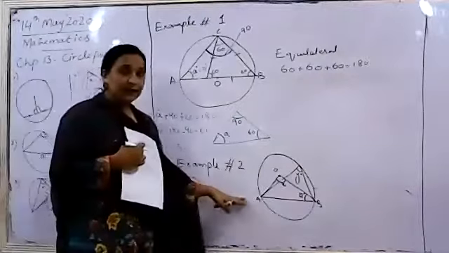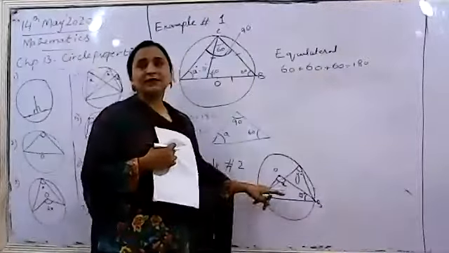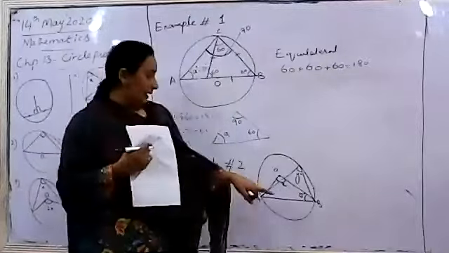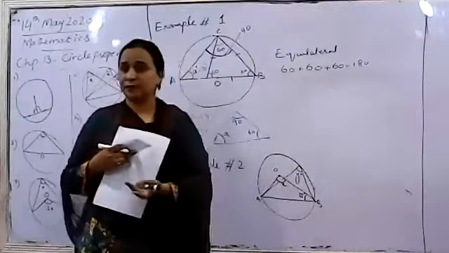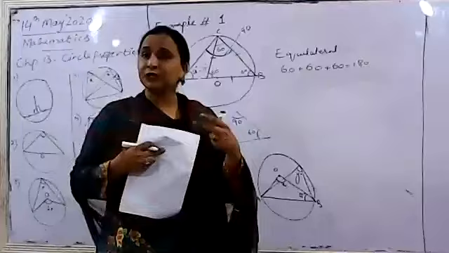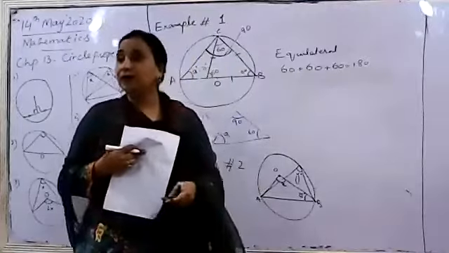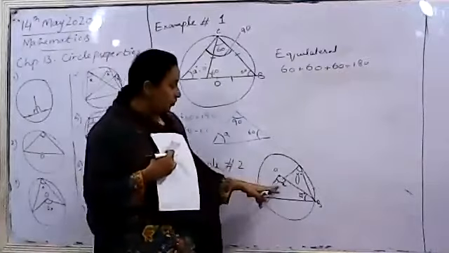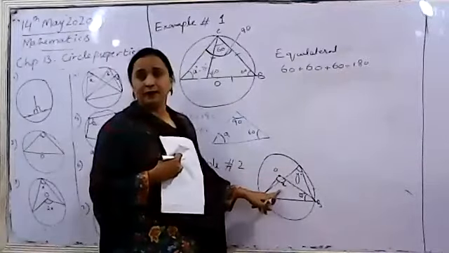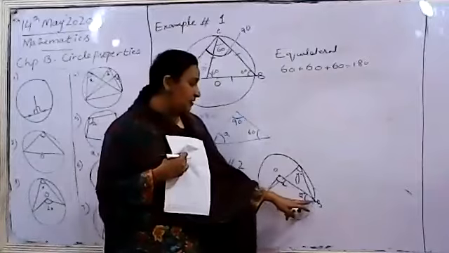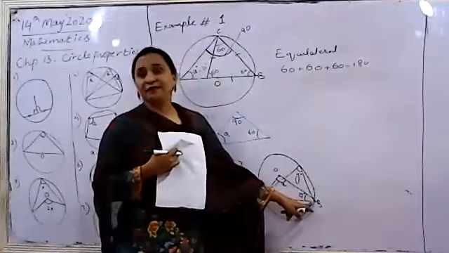I come back here. The angle at the center is unknown to us, and the angle at the circumference is also unknown to us. We know the relationship between these two angles, that they are half and double, but unfortunately we don't know both angles. But the angle known to us is this, 35 degrees.